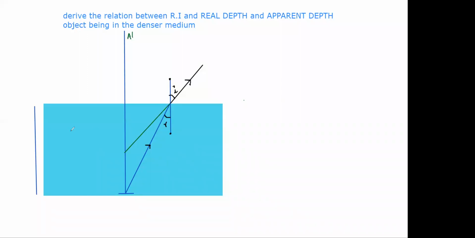This point is A on the surface. This point is I. This point is O. This point is B. Normal again. Clear. This is air. This is glass or water.